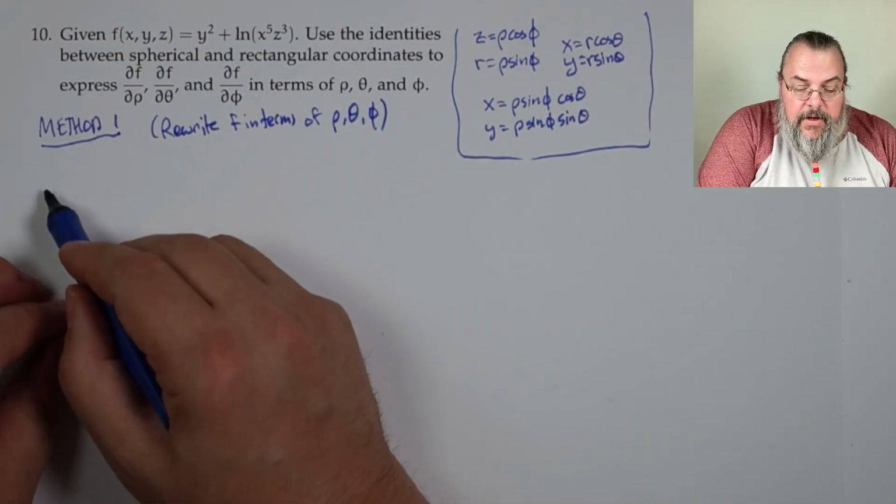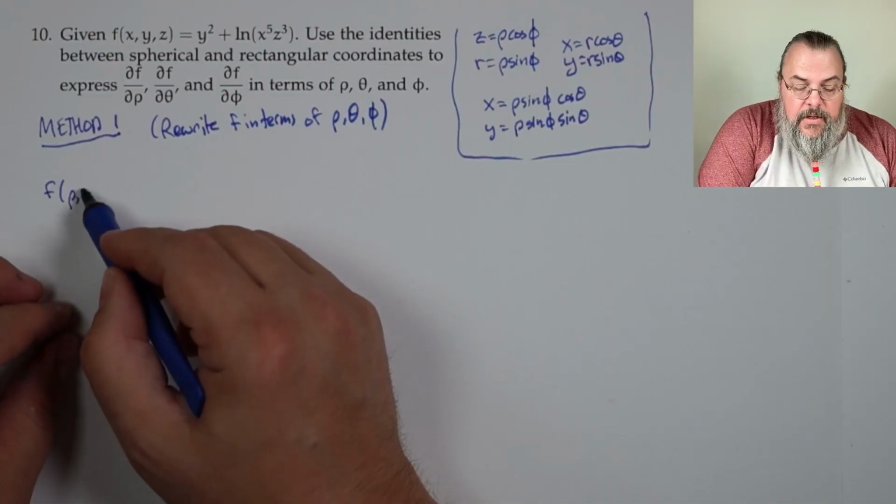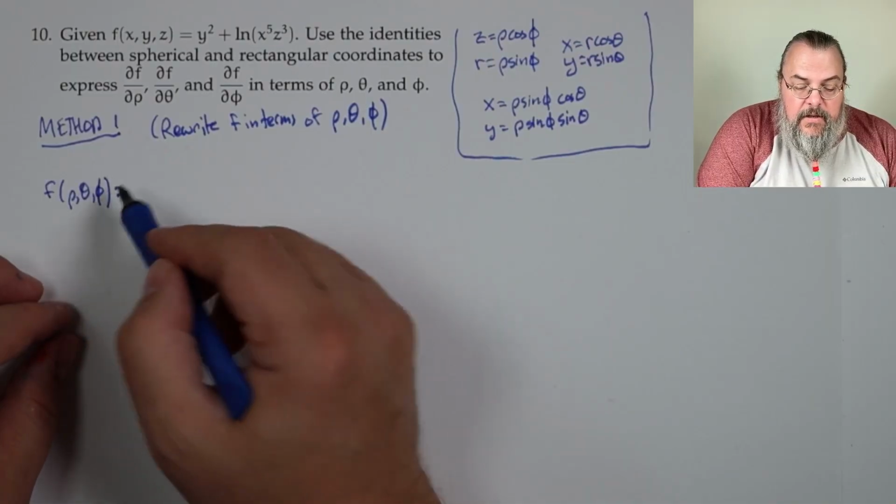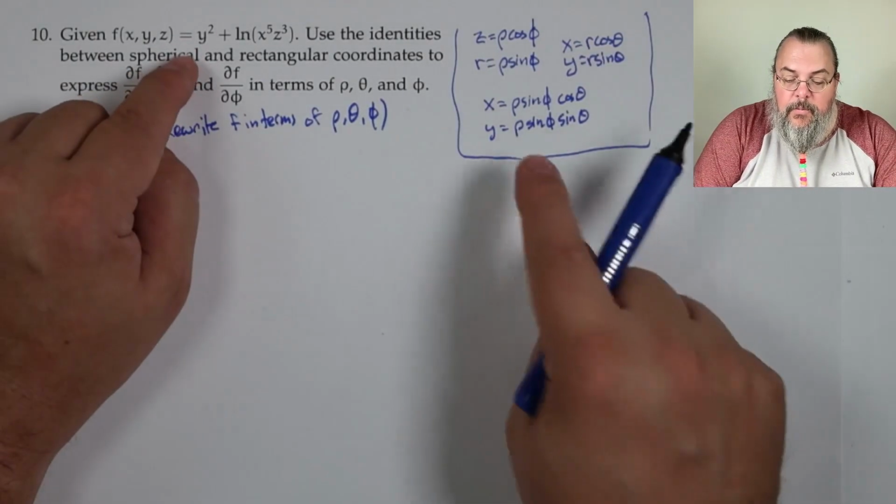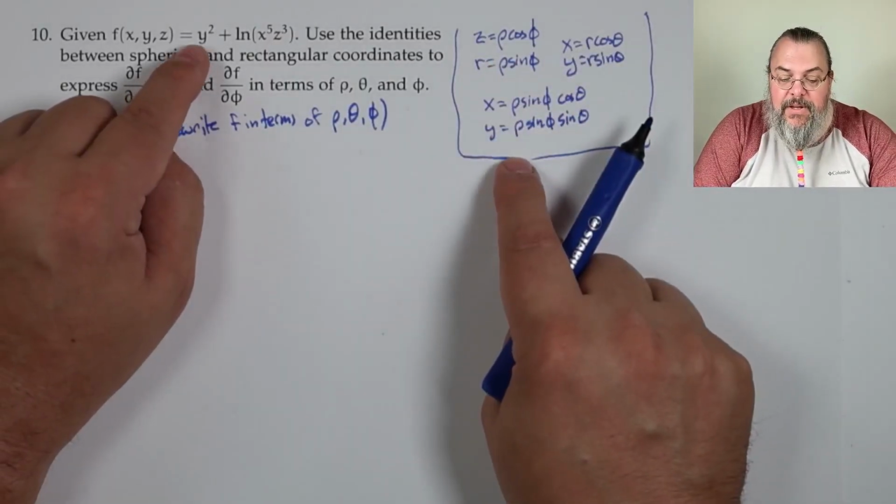Well, we're going to write f of rho, theta, phi. Now use these relationships to replace everything.